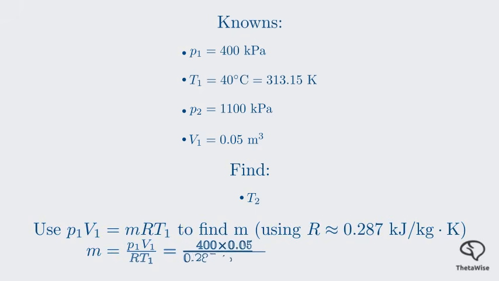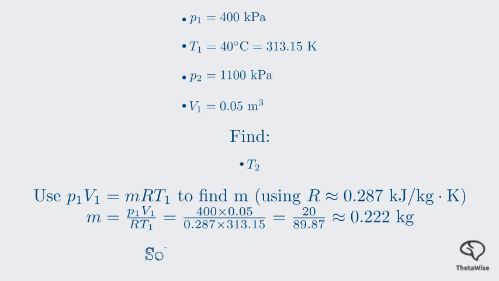Although calculating the mass isn't strictly necessary to find the final temperature in this specific problem, it's good practice to show how to find it. The solution in the textbook uses a slightly different value for R, leading to a mass of 0.219 kilograms. For our final answer for temperature, this difference in R will not be important because the mass, m, and R cancel out when we use the state relation.